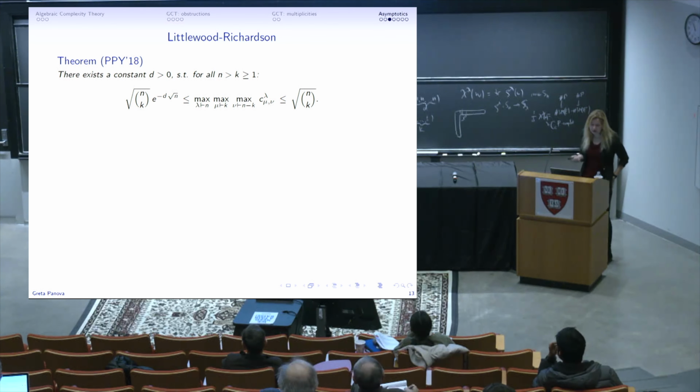The other thing is that we can bound the Littlewood-Richardson coefficients a little bit better if we are fixing the partition sizes inside.